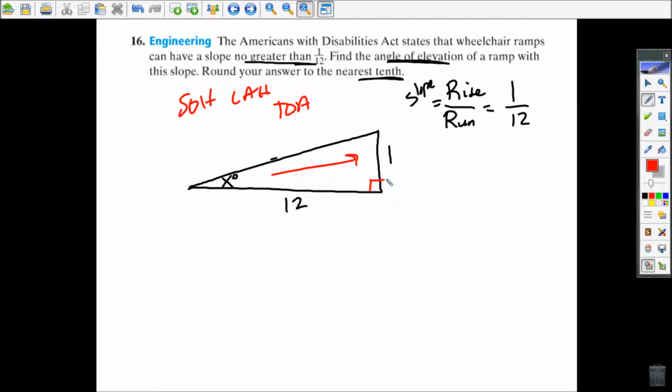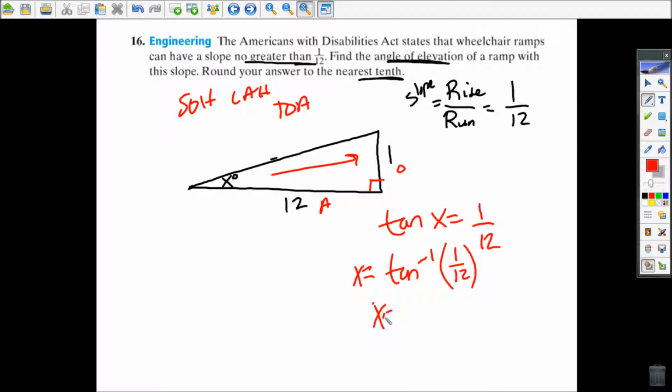So we have opposite and adjacent. So tangent of our angle equals opposite over adjacent. And then again, we're trying to find our angle, so that's when we know to use the inverse tan. If you're trying to figure out a side, then you just use the regular tangent function. It's going to equal 4.763. It does say round to the nearest tenth, so that's 4.8 degrees.